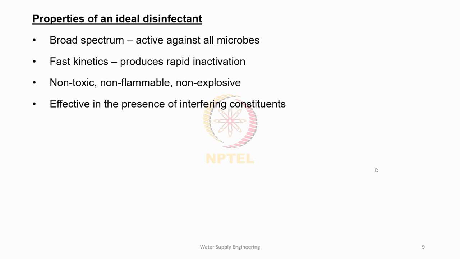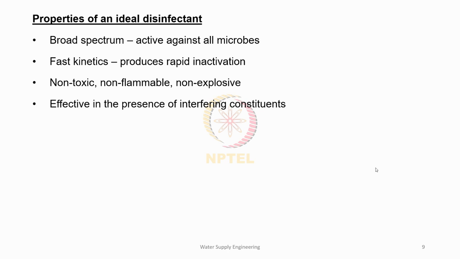Next, it should be effective in the presence of interfering constituents. In a water sample, we may not always be able to judge the different components it may have. When it comes to groundwater, it may have arsenic and many other elements.